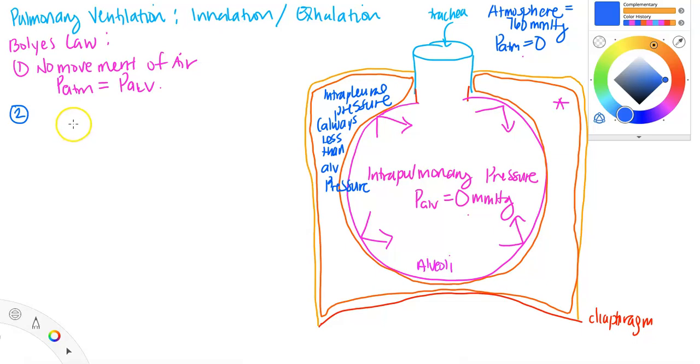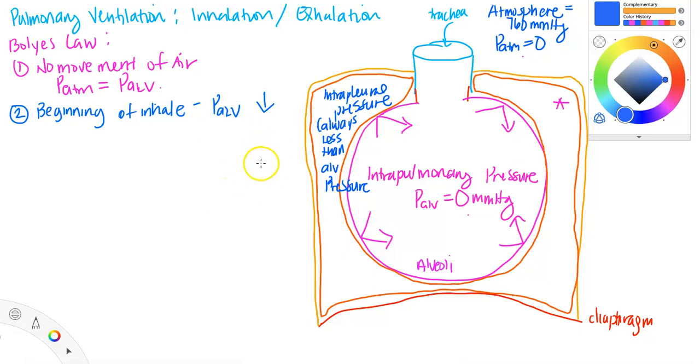All right, but air will move as you take a breath. So at the beginning of an inhale, the pressure in the alveolus, P alveoli, goes down.